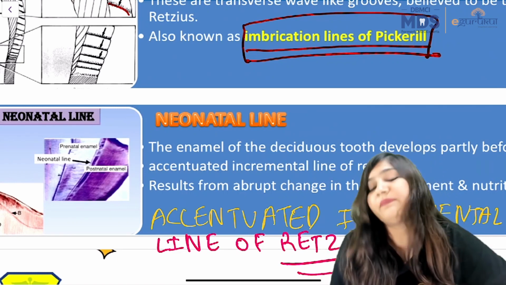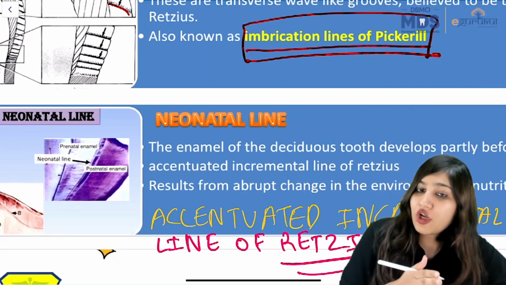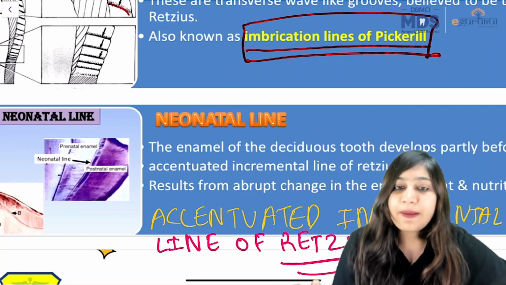It mainly depicts the enamel formed before and after the birth. It separates the enamel formed before and after the birth.